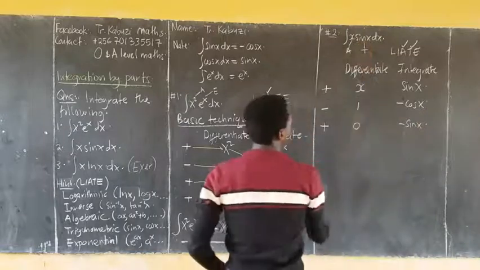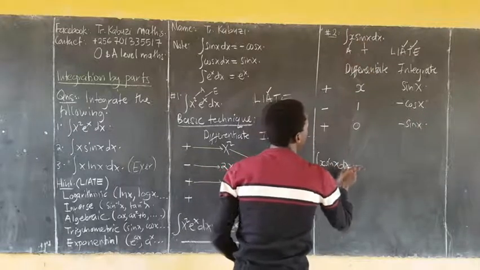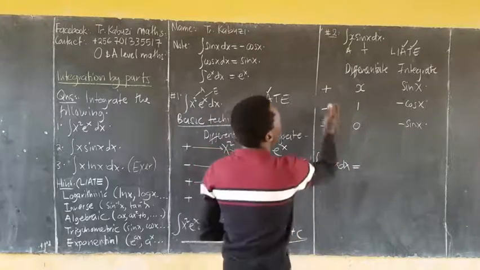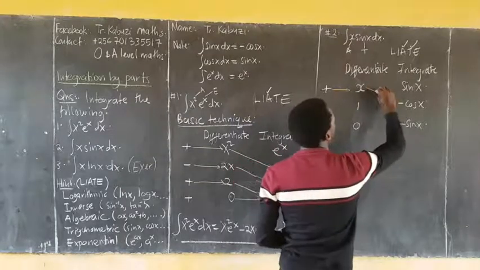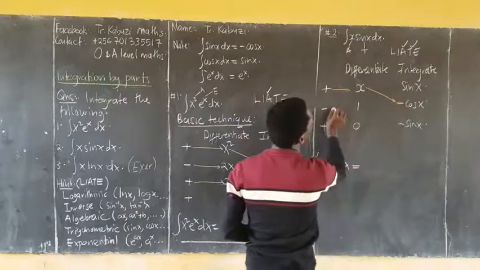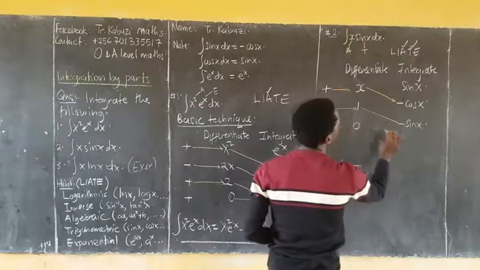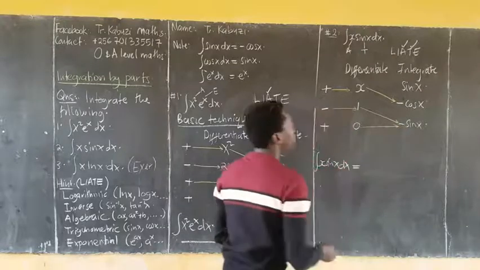Now my integral here, which is x sine x dx, is going to be, we go diagonally. So I go like this, there, then I come like this, then I go like that. The last one I just finish by saying like that.